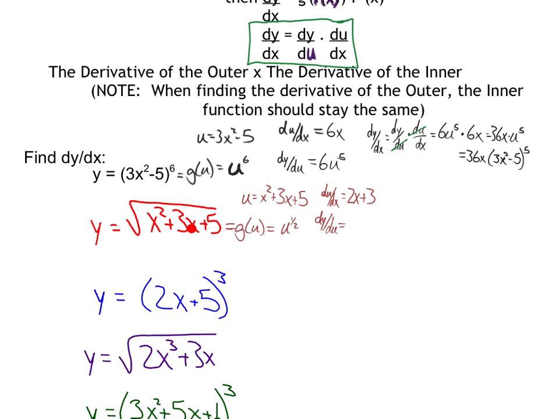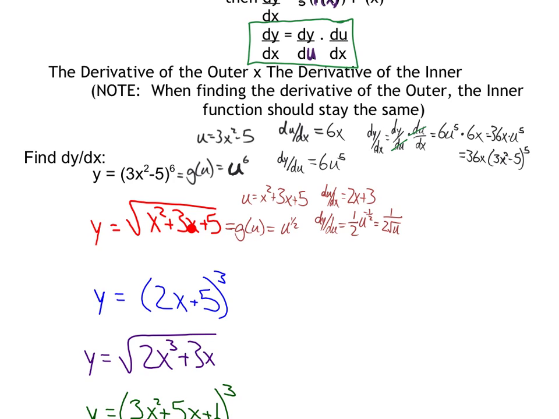Now we have dy du. What's the derivative of u to the 1/2? Oh, u to the negative 1/2, yeah, which we could rewrite as 1 over 2 square root of u.